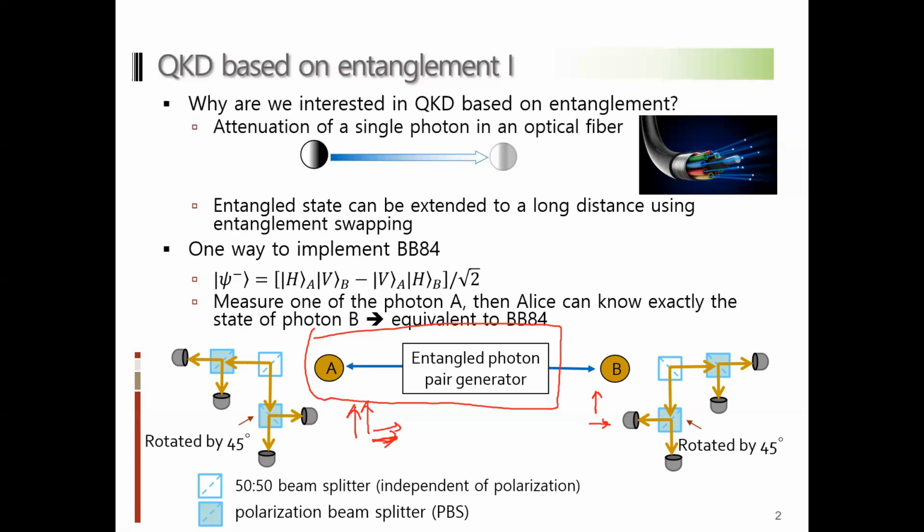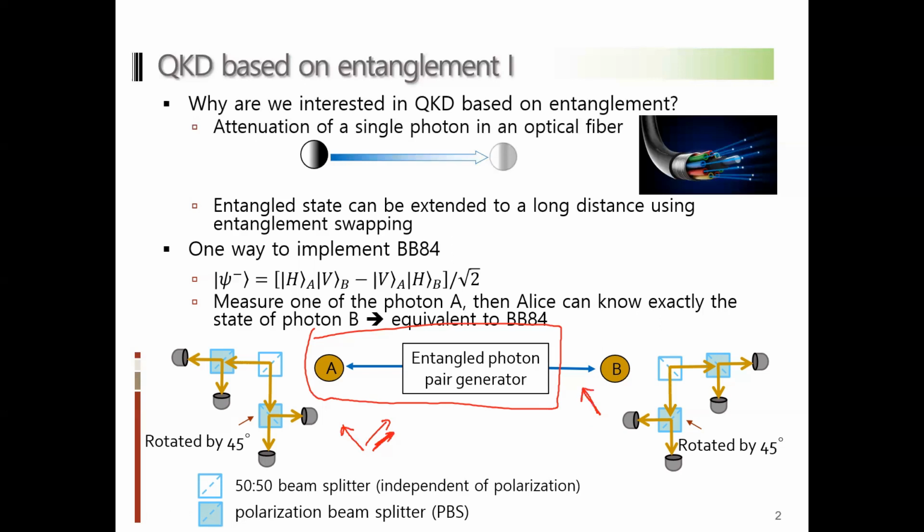That's not the only option. If we measure the polarization of this photon along the diagonal basis, that means that the qubit on the B side will be anti-correlated along this direction.